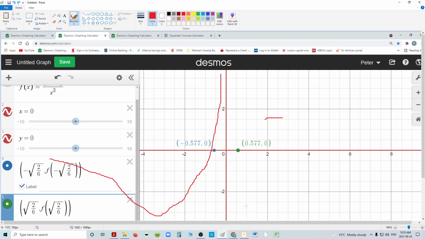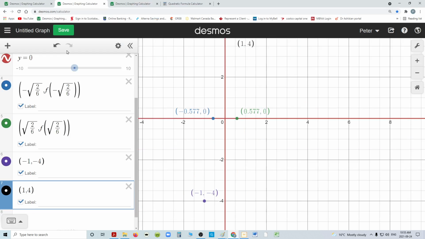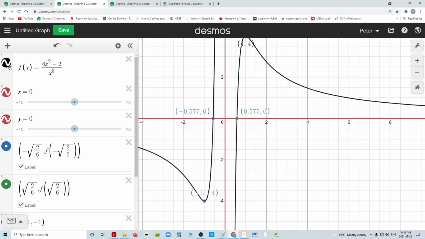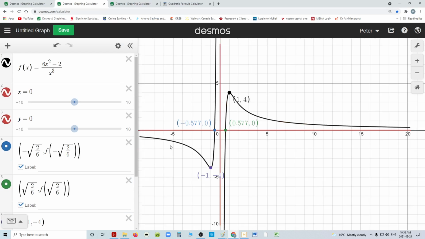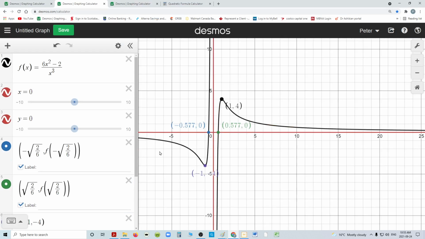Oh, not going to cross again. Let's see. There you go. Now, they would want you to take the second derivative and then plug in 1 to see if it's positive or negative. But we don't have to if we correctly mapped out our graph.